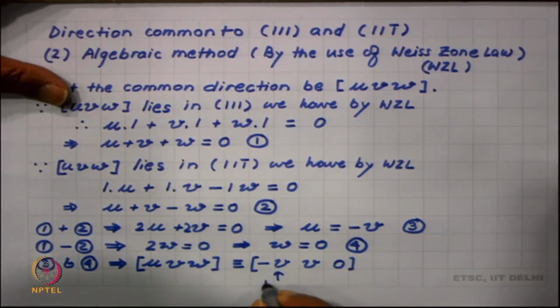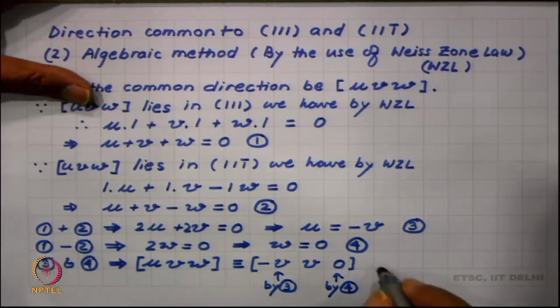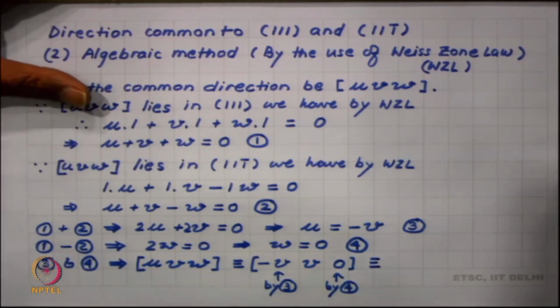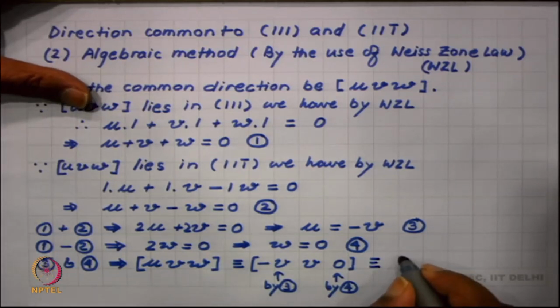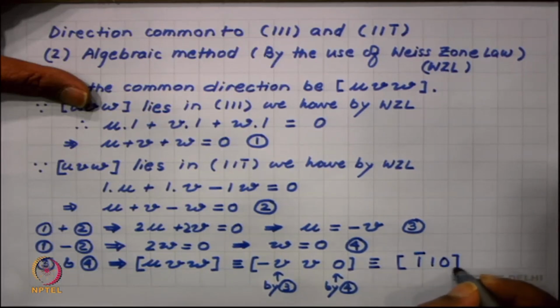So, 3 and 4 gives me this, but now I know that I can divide by a common factor in case of Miller indices. So, by dividing by V, I get bar 1 1 0.